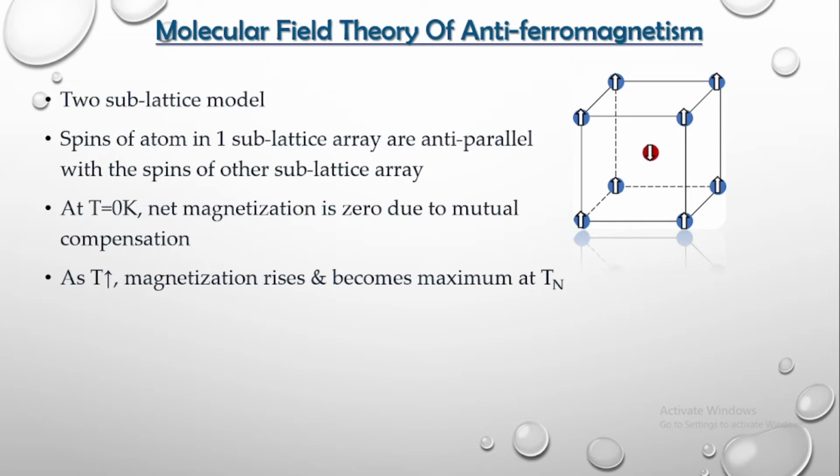So as the temperature increases, the spin arrangement is disturbed, due to which the magnetization rises and becomes maximum at a certain temperature called the Néel temperature, which corresponds to the Néel point, and above this temperature the material behaves like a paramagnetic material. So below TN we observe antiferromagnetism and above TN we observe paramagnetism. This is a brief introduction to this molecular field theory.